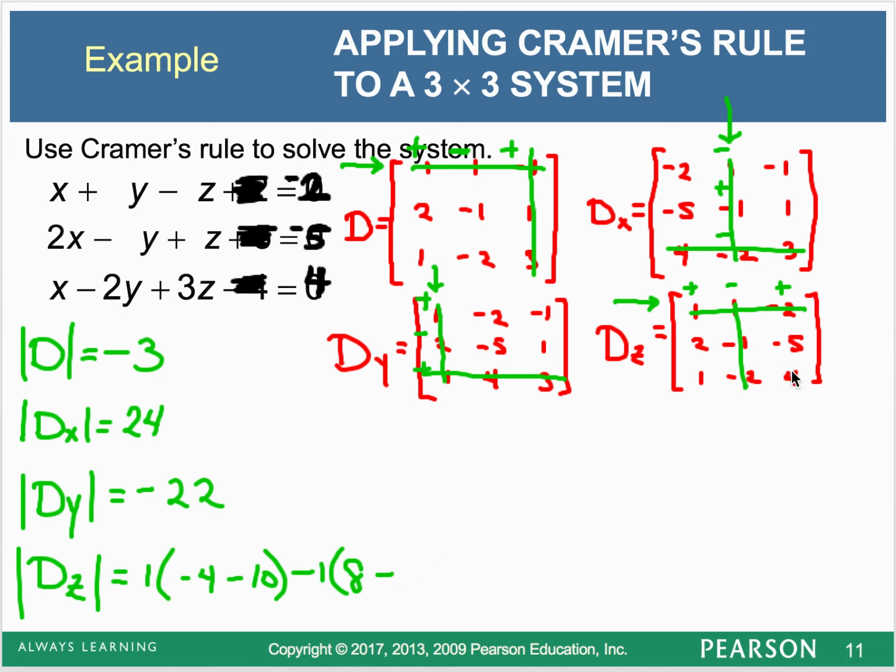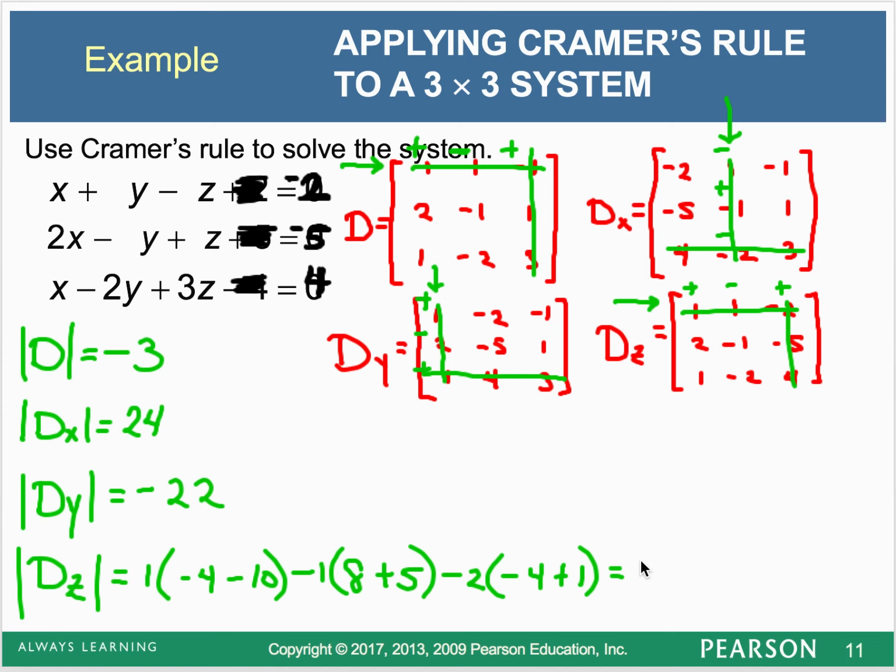Minus, 4 times 2 is 8, minus negative 5, so plus 5. Now I have a positive negative 2, so it's going to stay negative 2. And then when I discard that row and column, we'll have negative 4. Negative 4 minus negative 1, so plus 1.